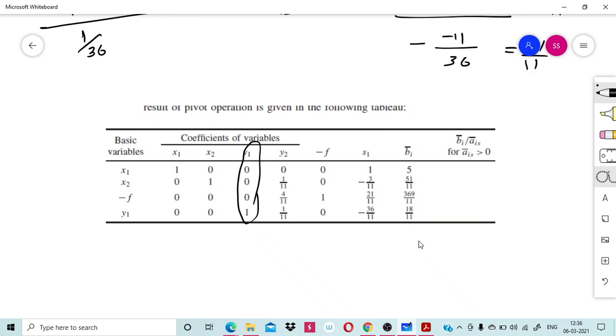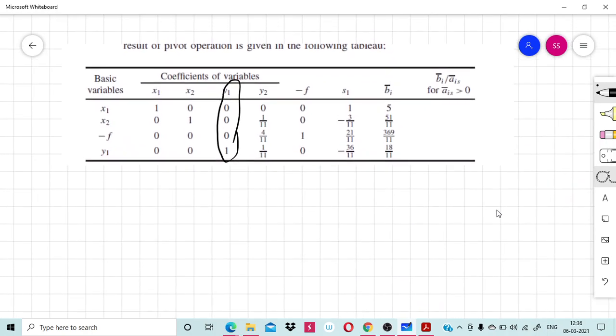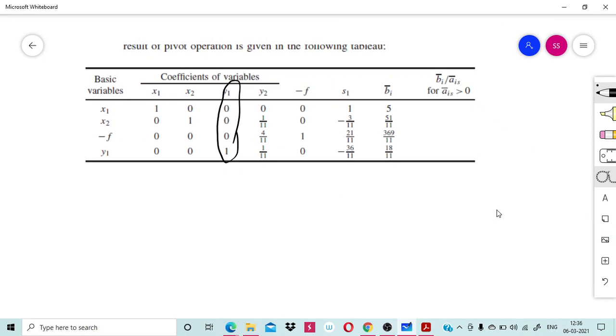Now again, if you observe the solution column, x1 is 5, that is integer, x2 is 51 by 11, and y1 is 18 by 11. So again we have not got the all-integer solution.